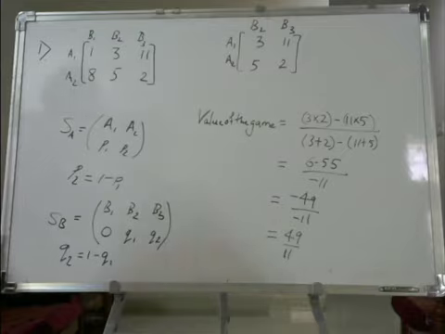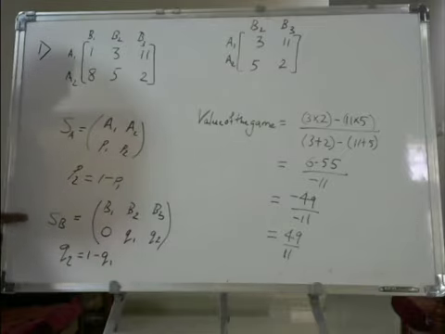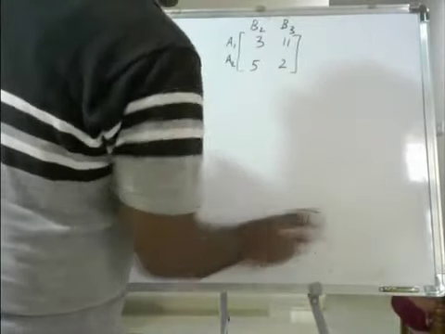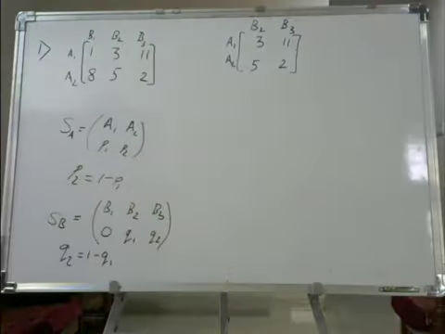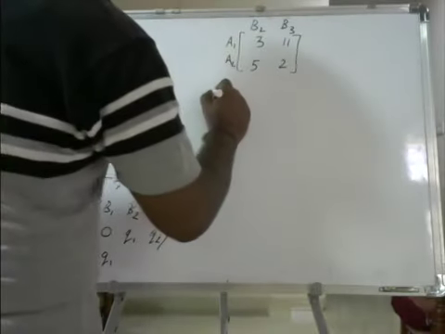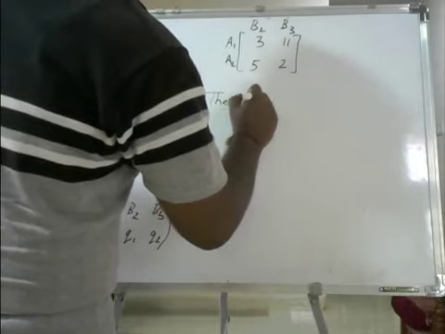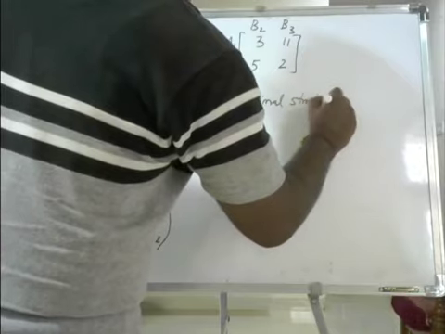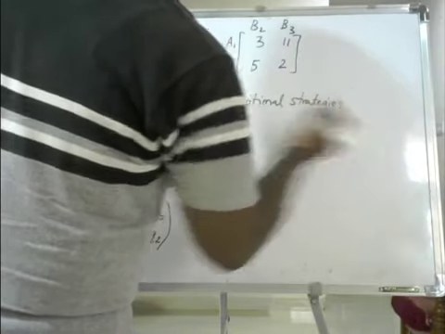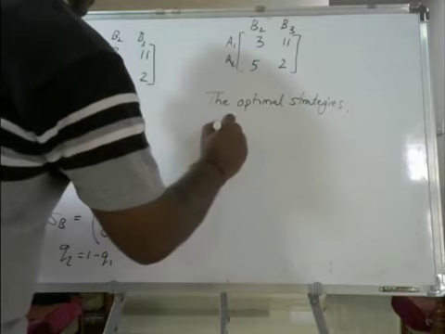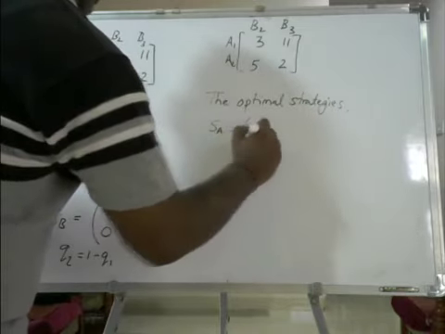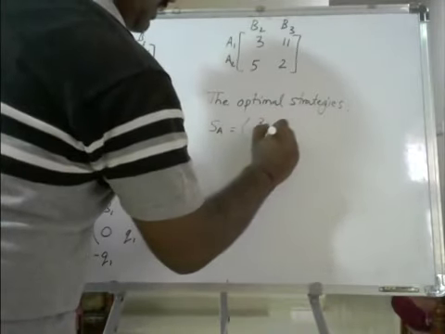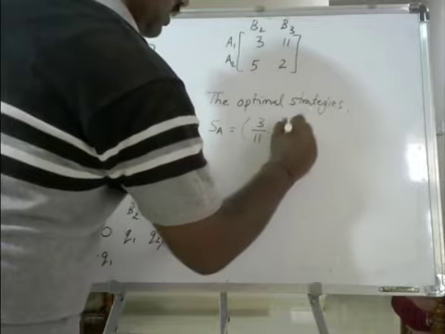The last thing you need to do is write the optimal strategies and the value of the gain in the conclusion. The conclusion is: the optimal strategies for player A are 3 by 11, 8 by 11.